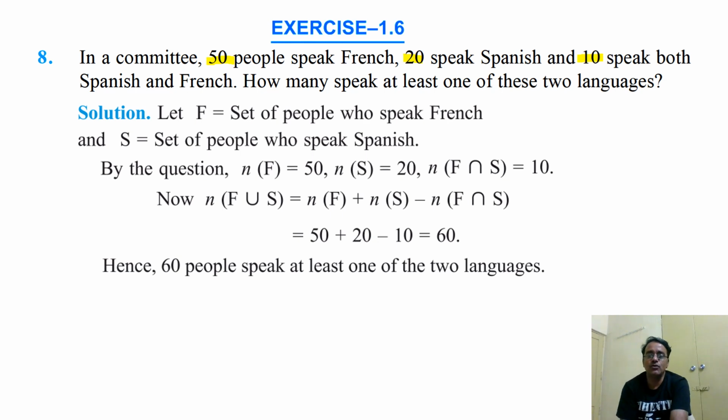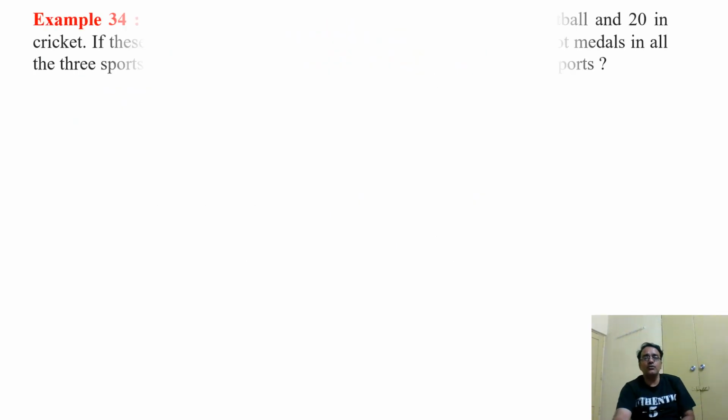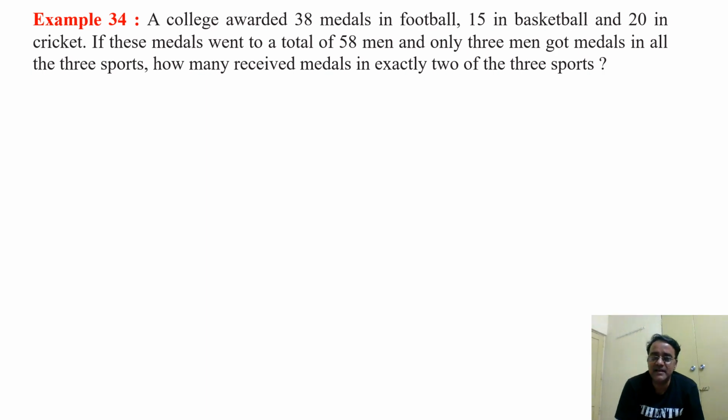Okay, so now we are going to see one example of 3 sets. Okay, and this is textbook example number 34. This question we will do with two methods. We'll solve this question by using two methods. So I'm reading this question.